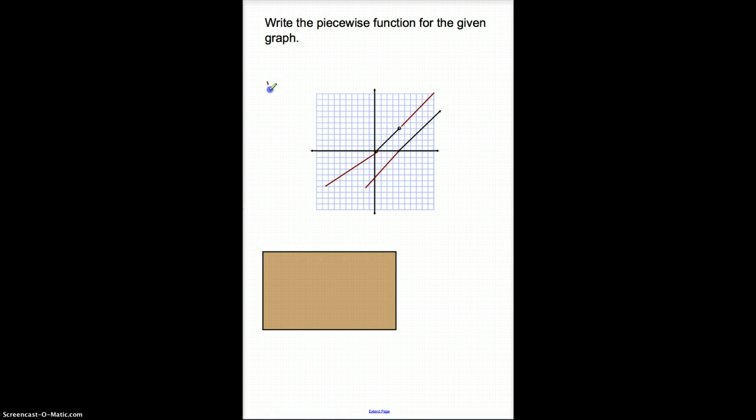Well, this y-intercept is 0, and it looks like the slope is 1. So it looks like that part is y equals mx plus b. These are just straight lines, so it's pretty easy. Y equals mx plus b.